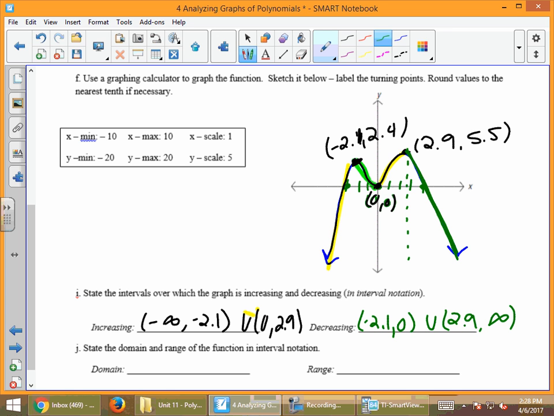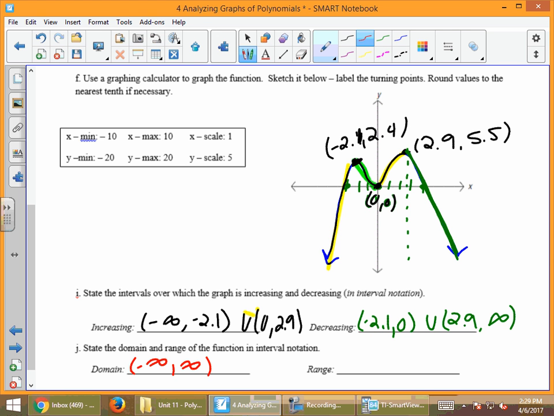So that's positive infinity. Now, what did we say the domain is always with these polynomial functions? Yeah, negative infinity to positive infinity. And then the range, are arrows pointing in the same direction or opposite direction? Same. So it's not going to be negative infinity to positive infinity. Okay? Where are arrows pointing?